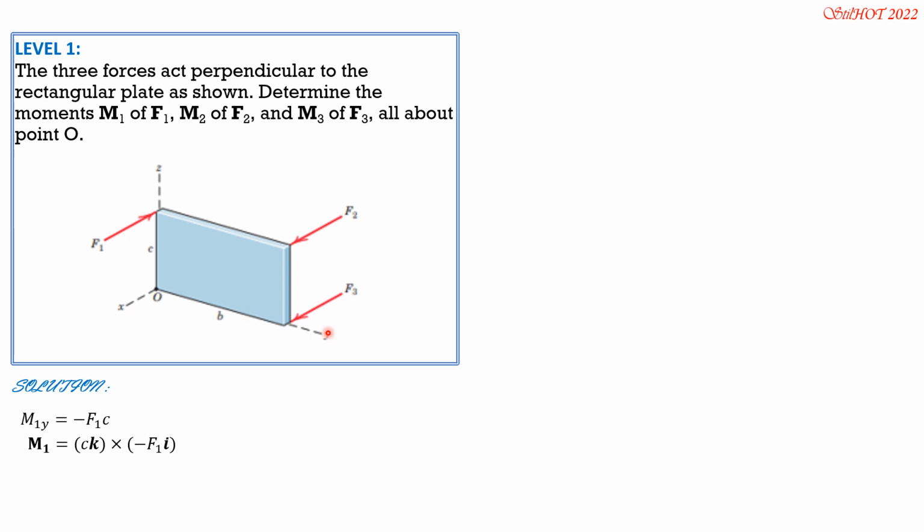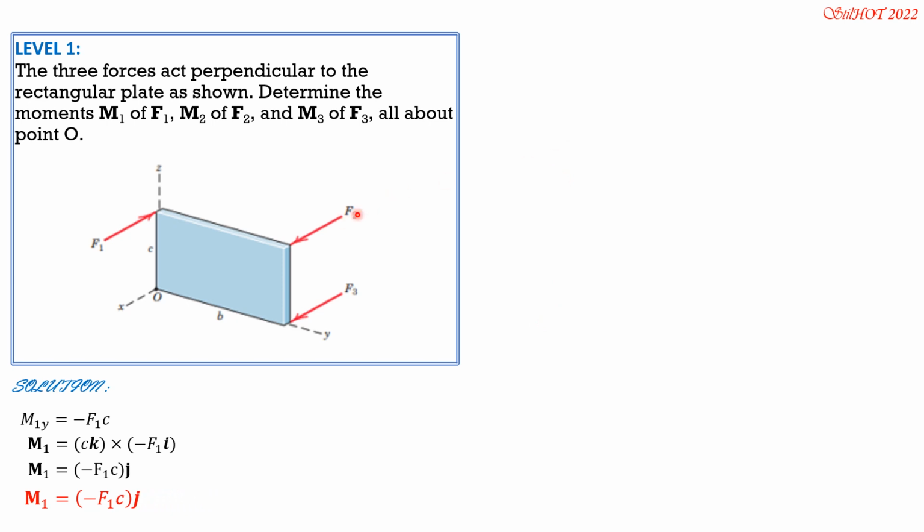Your right thumb will point to the positive y-axis, and that is positive j. So it is negative F1C, then k cross i is positive j. That's why in vector form, the moment of F1 about O is negative F1C j.